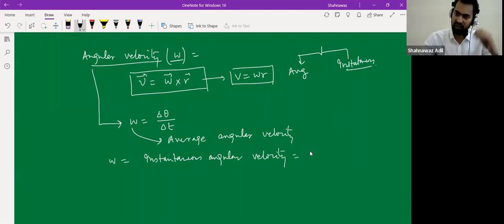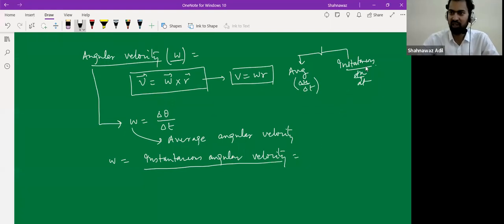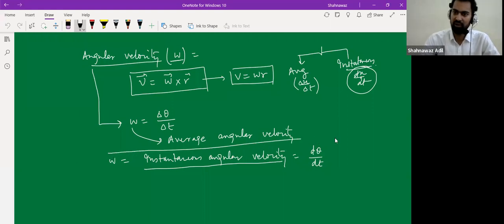Anna, this will be what? So this is delta x by delta t. This is dx by dt. So can you recall, from this analogy, this instantaneous angular velocity will be what? Arpit. This will be d theta by dt, right? Yes, sir.